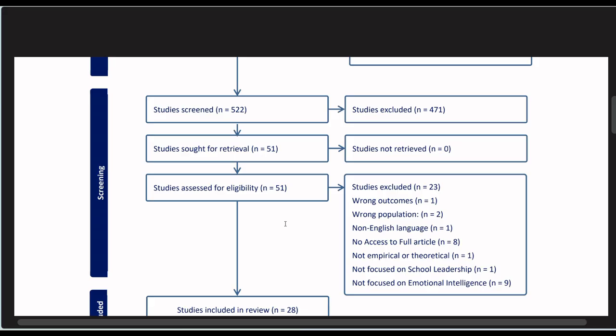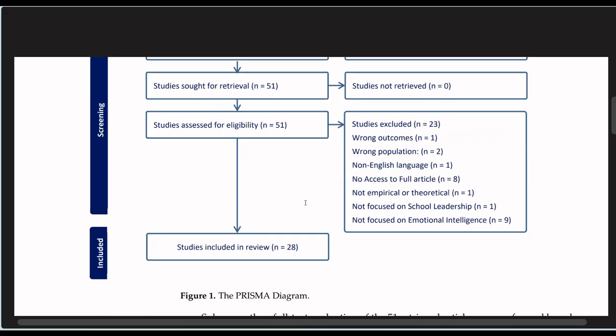One was neither an empirical nor a theoretical article, so we removed it. One did not focus on school leadership, and nine did not focus on emotional intelligence. After the full screening of the 51, we realized that 23 did not align with what we want, so we removed them, and that brought us to 28.